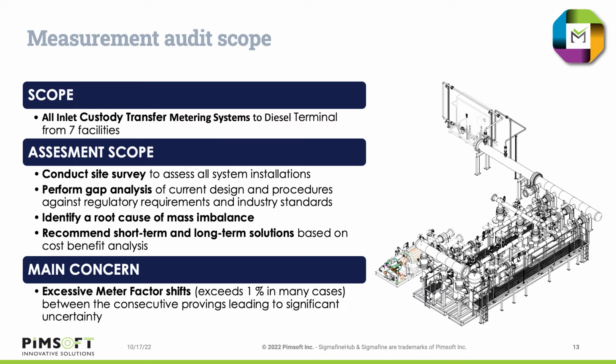From the initial discussions, it was also clear that something is wrong with the system because we could see that the performance of the meters during proving and between one proving to another is not within the expected and typical tolerance, which can be due to many reasons. And our goal was to identify the potential cause and recommend the required remedial actions.